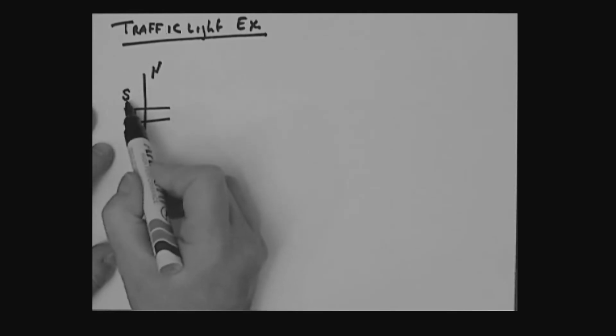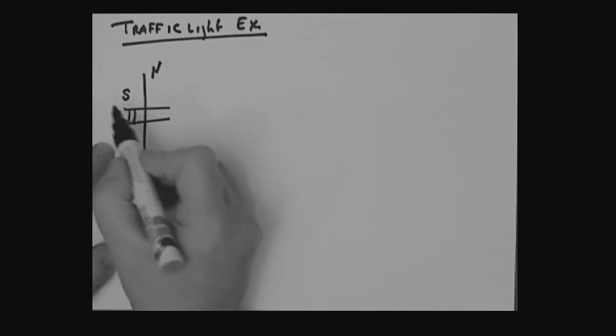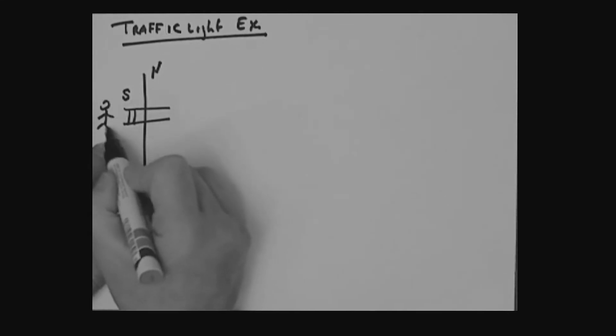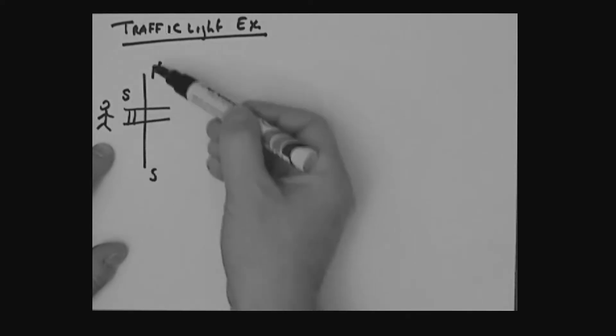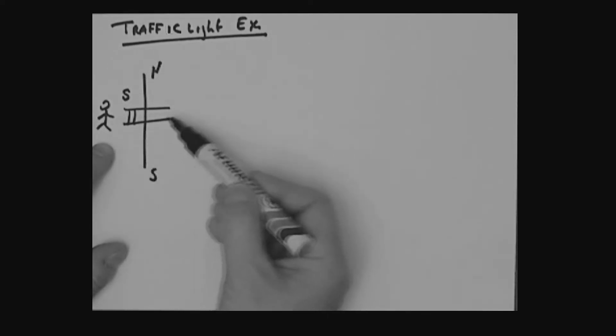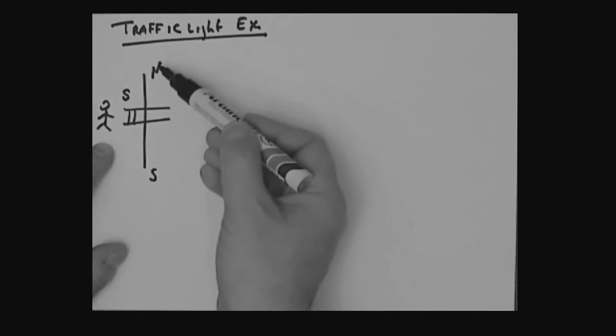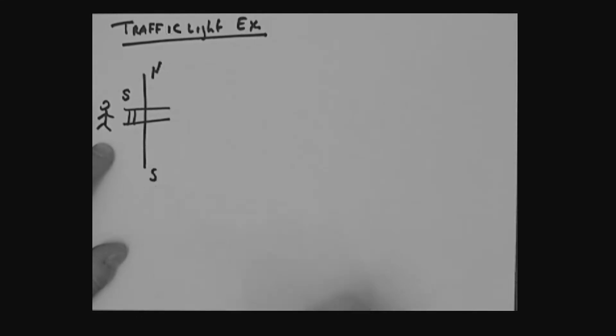We'll call this switch S. If a person wants to cross the road, they press the switch. This will change the traffic lights for them to be able to cross the road. So the traffic lights should go from a green to a red. That's the system that we're really going to try to talk about.